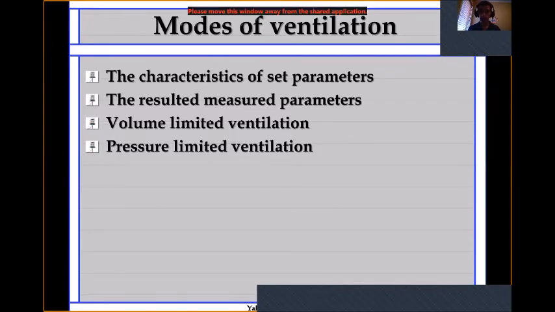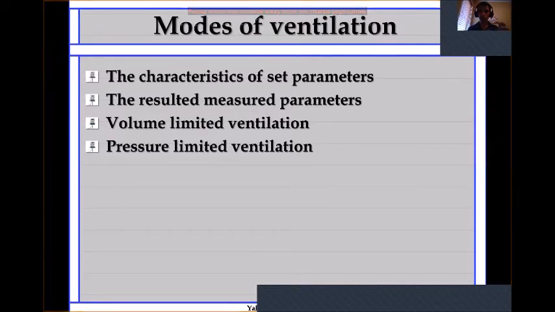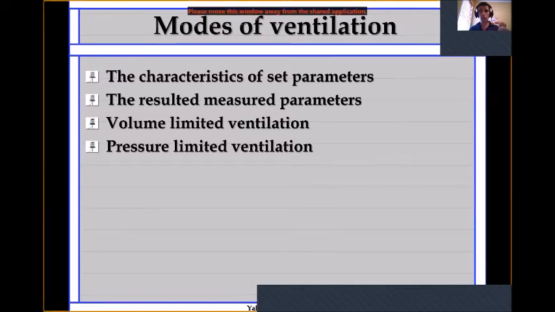Volume limited means that you fix the volume, so it's independent. The other parameters resulting from the interaction of the patient and the machine will be dependent, because they depend on both. If you are pressure limited, you fix the pressure and leave the other parameters.